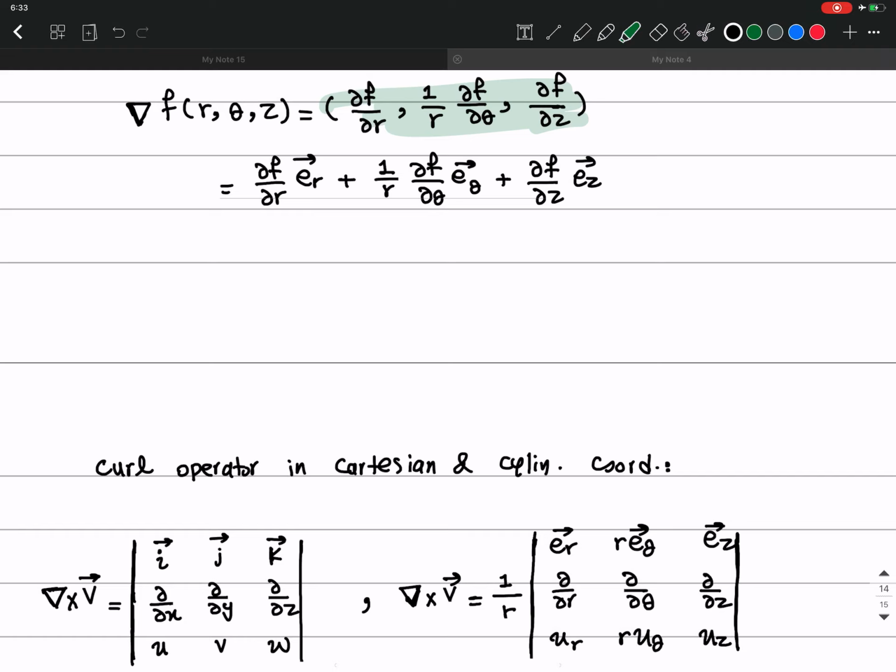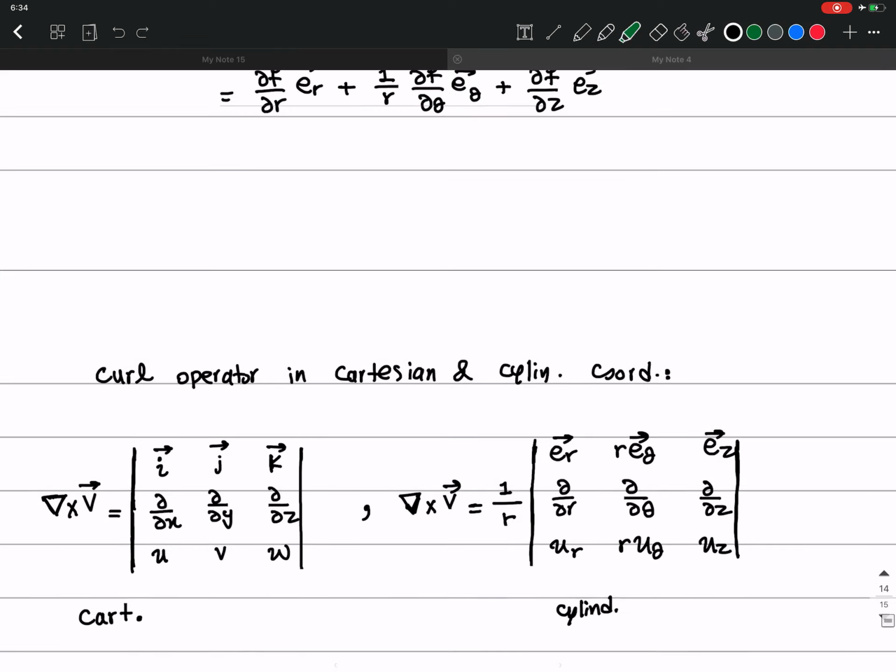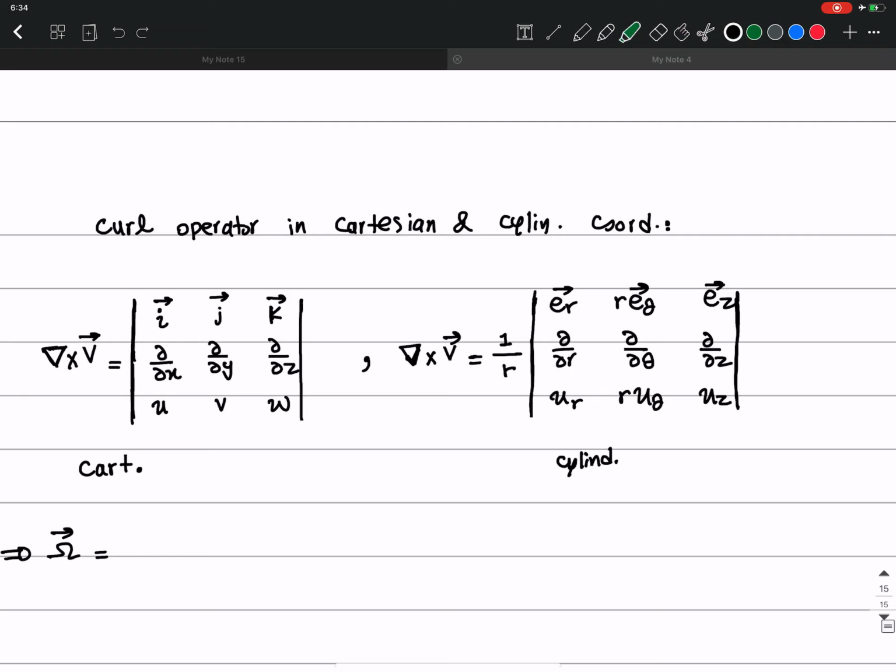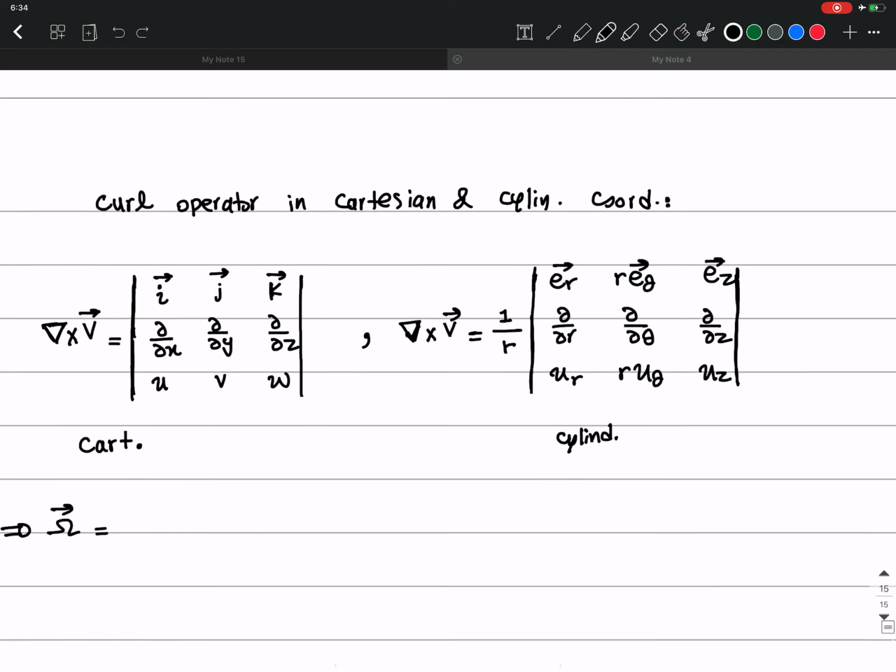And here you can see the vorticity vector is going to be, if you calculate it, say for the first component, again for those who don't remember, this is the way we calculate the determinant of this matrix. So for the first component er, you first write it down, er.